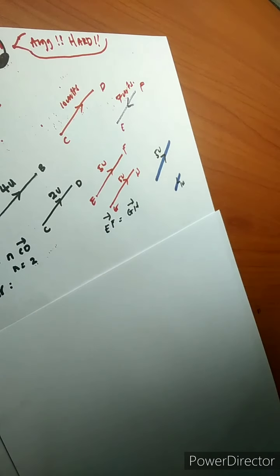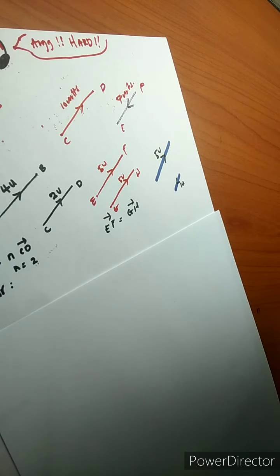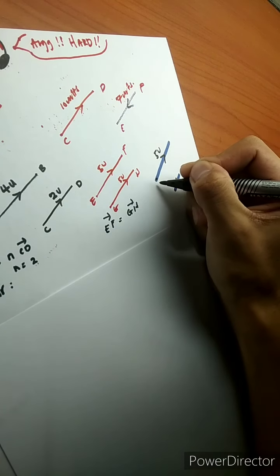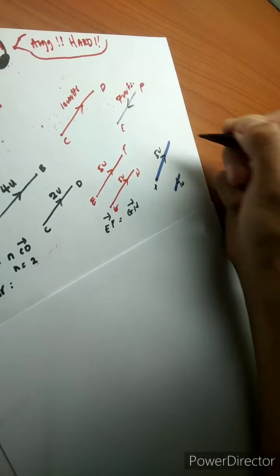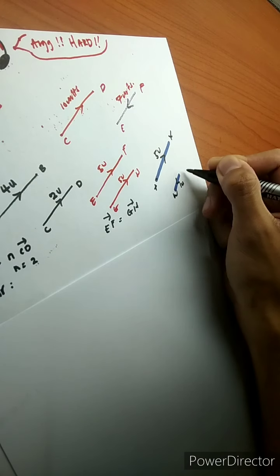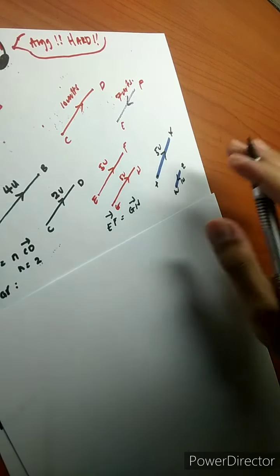And for this one we can still equate them. Let me give names: vector XY and WZ.